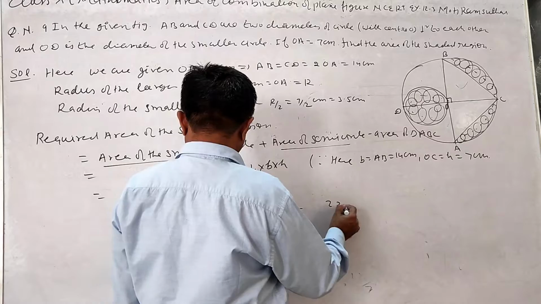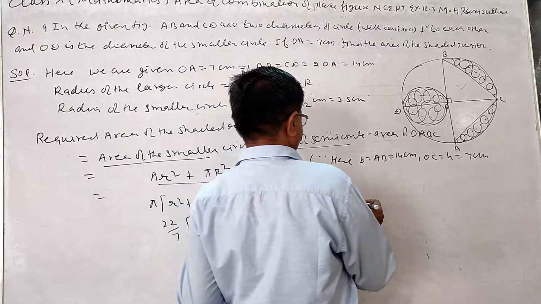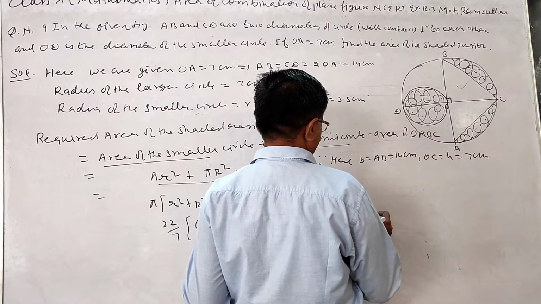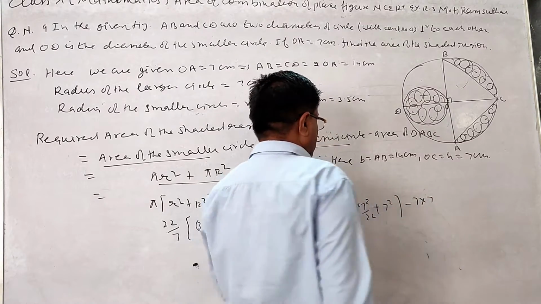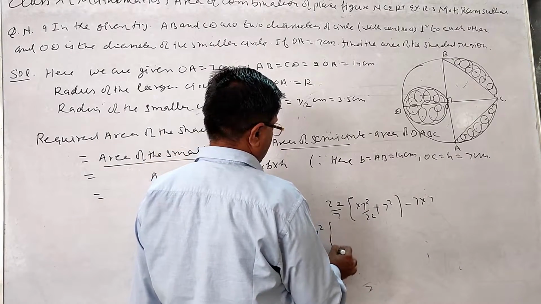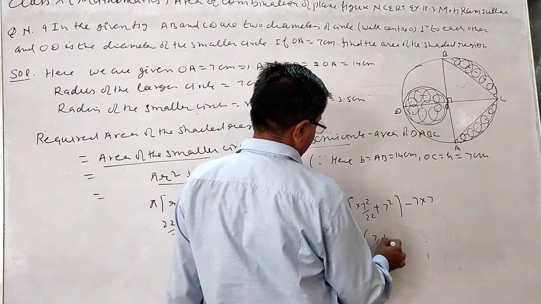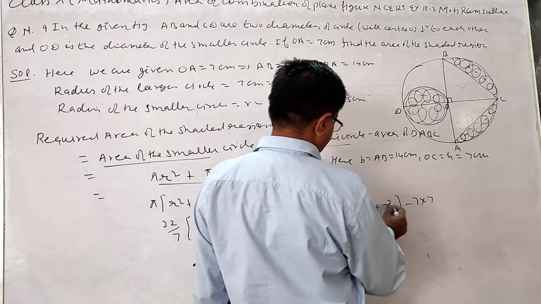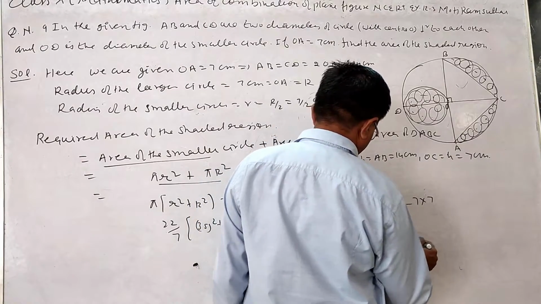So what we get, 22 by 7, this LCM 7 by 2 you can take. So that is 7 by 2 square plus 7 square, minus 7 into 7. So throughout you can take 7 square as common. So here left 22 by 7 into 7 by 2 plus 1, 7 square we are taking common from here, so minus 1.